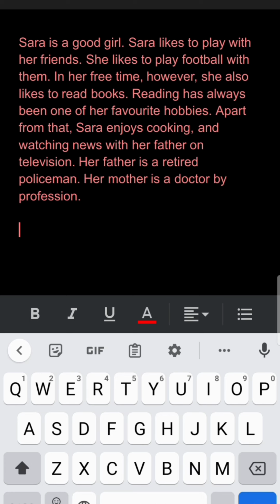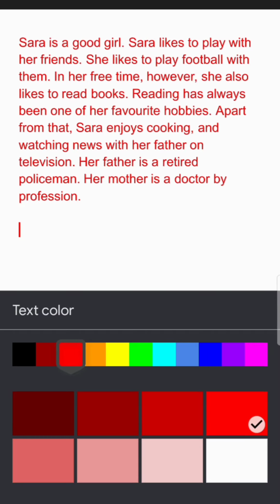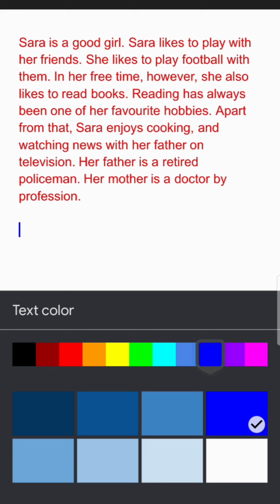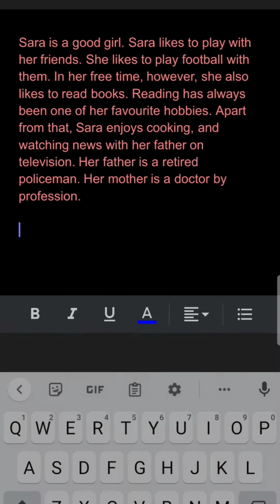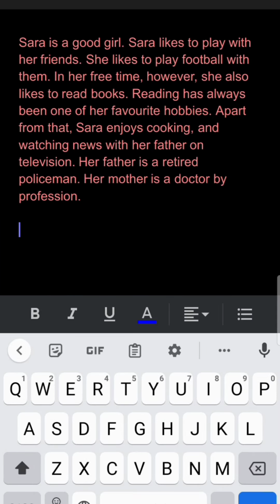Now, I'd say we first read the whole paragraph, and later on we make changes from the present to the past. Sarah is a good girl.